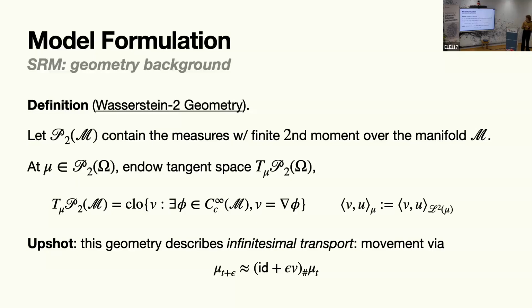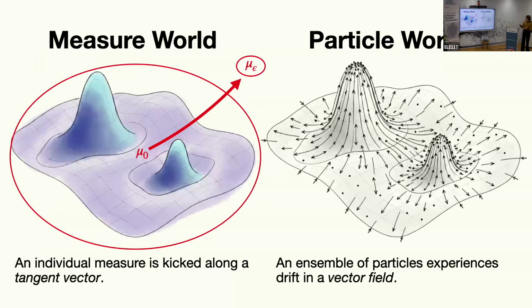I'm not expecting this technical definition to be familiar to anyone, but roughly speaking, the allowable directions that I can move a measure under the Wasserstein geometry are the directions that can be realized by transporting particles. This is the upshot below. I'm going to infinitesimally apply pushforwards to the measure, and in that way I'm transporting particles. So this is my picture.